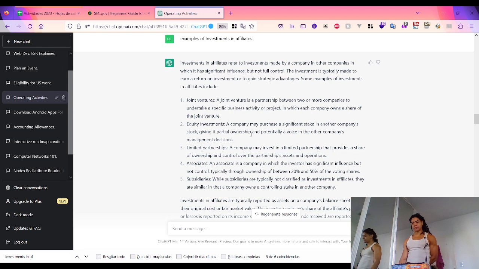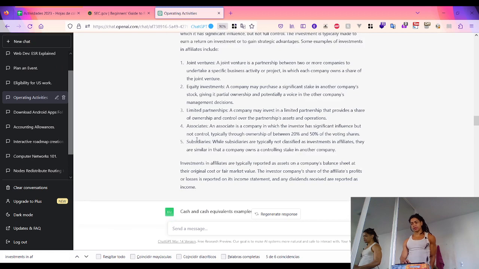So when you associate with someone, it's because you have significant influence but not control, typically through ownership between 20 and 50% of the voting shares.